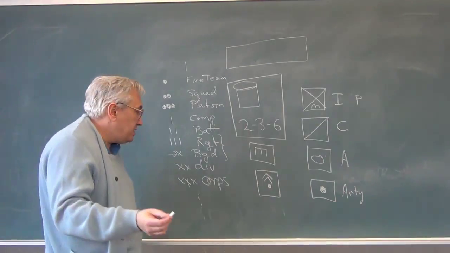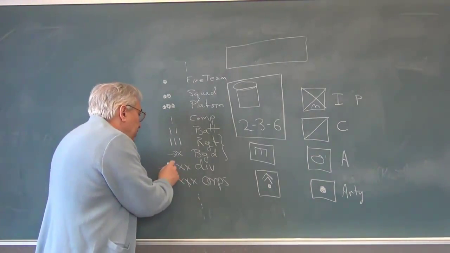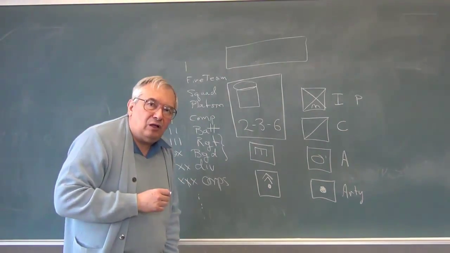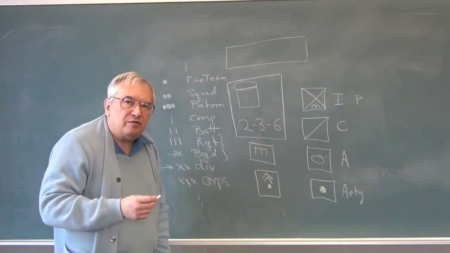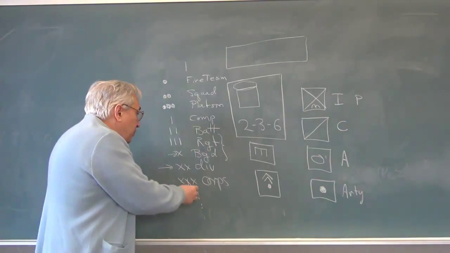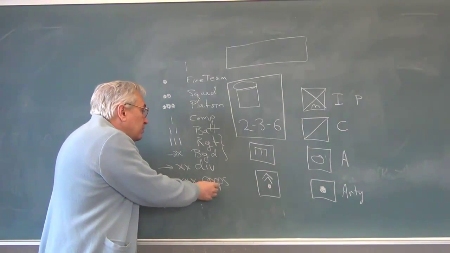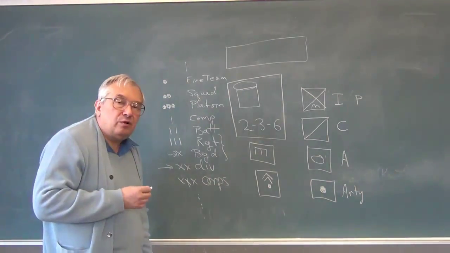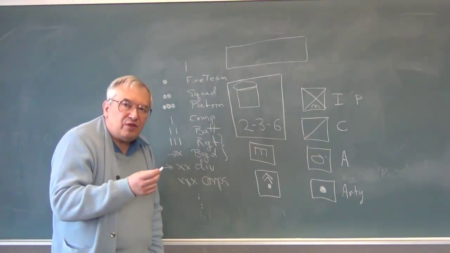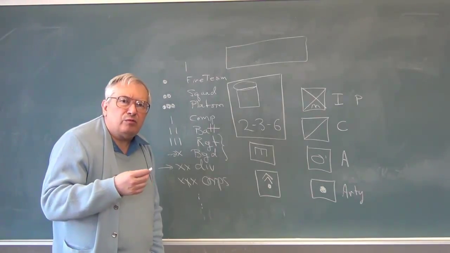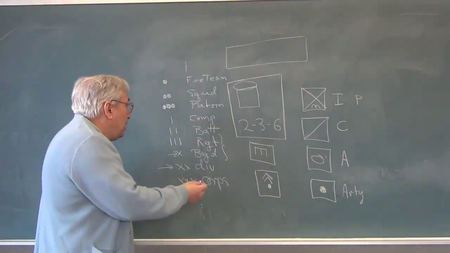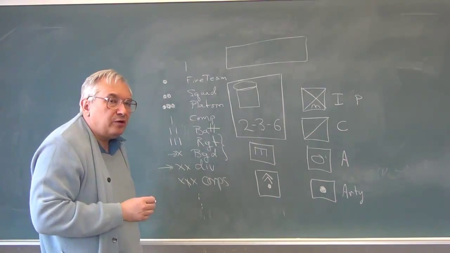That is, it was basically the same as a modern division. The division is the smallest object that usually has more or less all types of units. There may be, if you have a corps, extra units, extra artillery battalions or whatever, but a division has something of everything. The Roman legion had something of everything, but it was really only 5,000 men. It was the size of a healthy regiment.